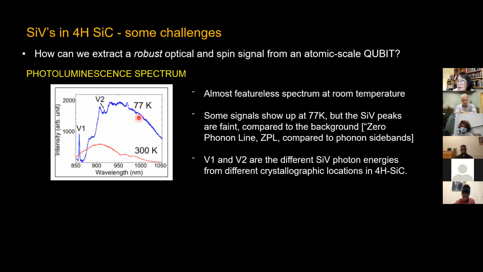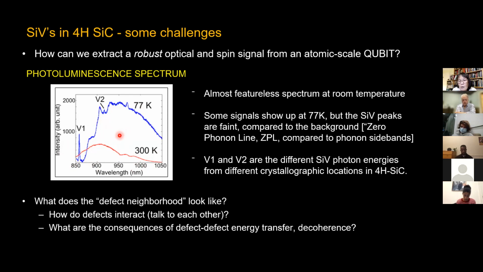Then I cool this down to liquid nitrogen, and I begin to see a little bit of structure. The V1 and V2 correspond to those two different silicon vacancies that are inequivalent. But even at liquid nitrogen temperature, the PL looks pretty hopeless, because how are we going to find the signature?